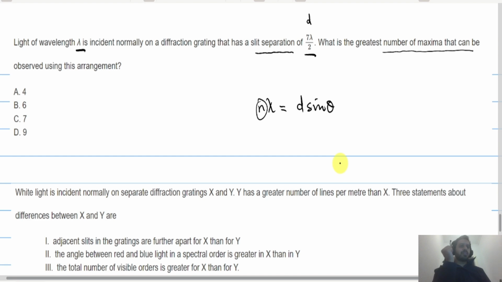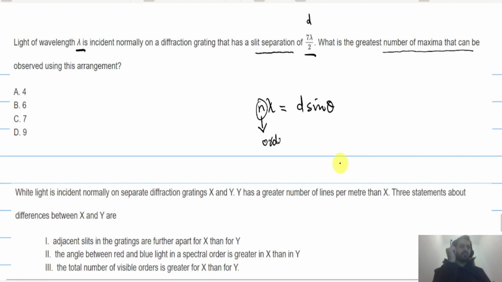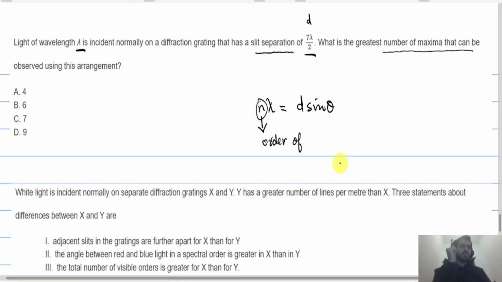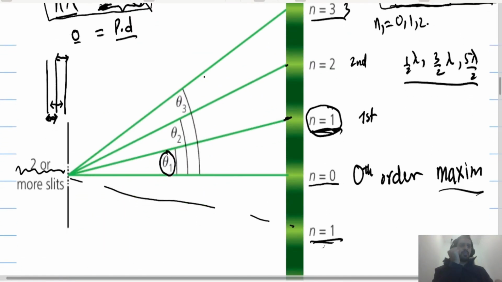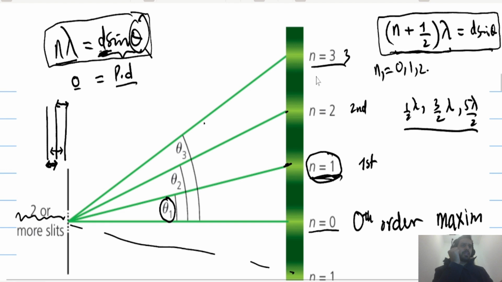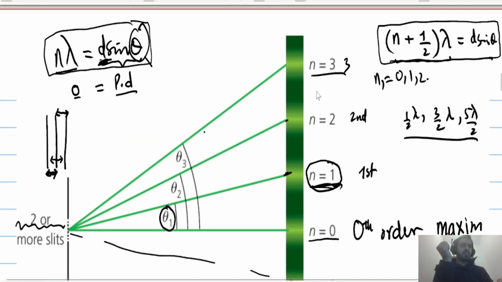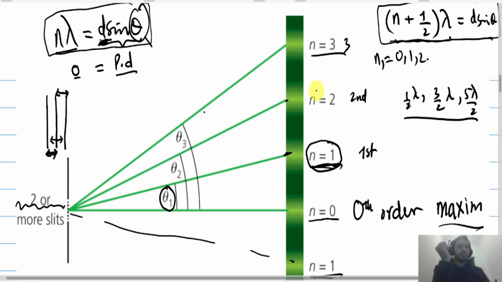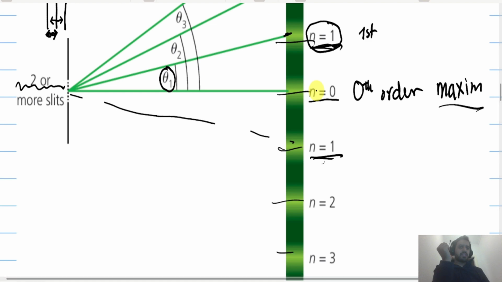But this is not correct, because, like I explained in the previous diagrams and pictures, n is the order of maxima. n is not the number of maxima that you will see, it is just the order of maxima that you will get. So for example, in this picture, we have n equals 3, which is a third order maxima in this diagram, but the total number of maxima is 1, 2, 3, 4, 5, 6, 7.